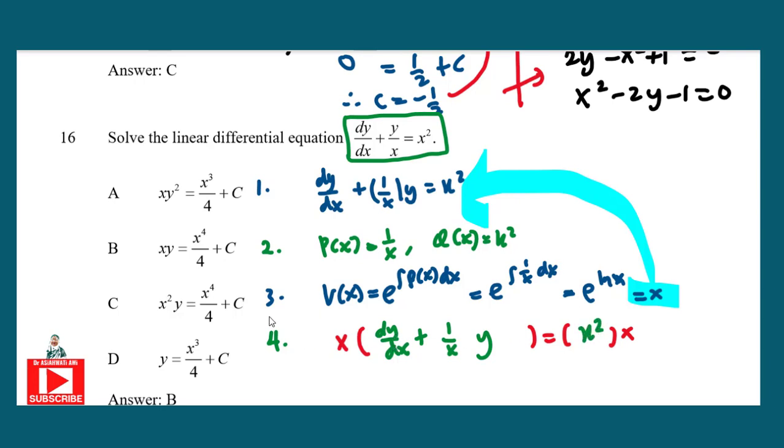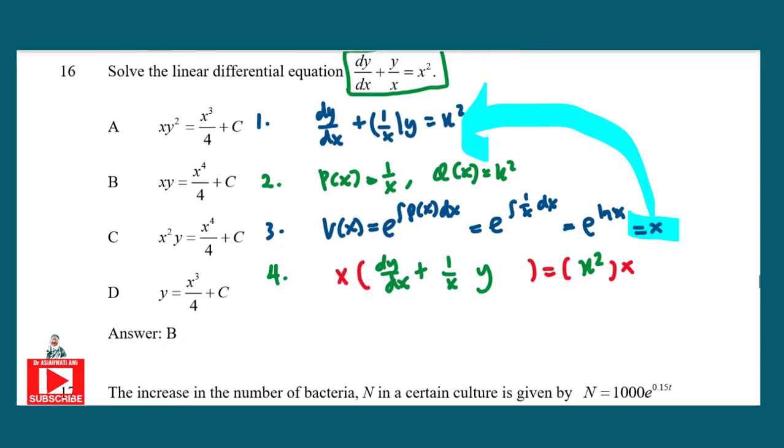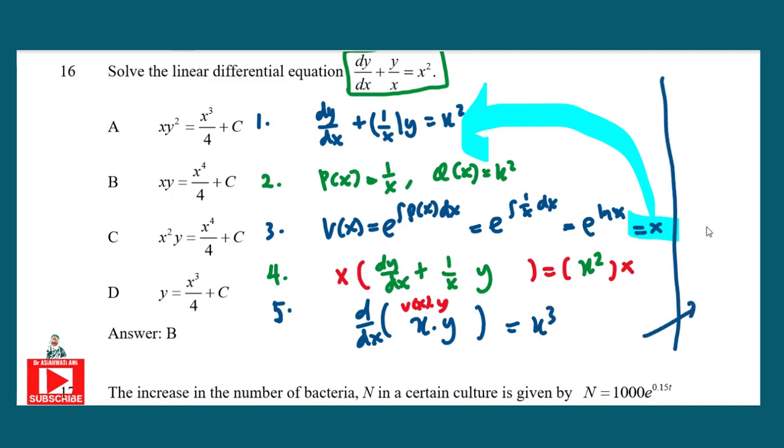Step 5, write in the form of the product rule: d/dx of V(x) times y, so V(x) equals x, x times y equals x cubed. Okay, proceed to step 6.